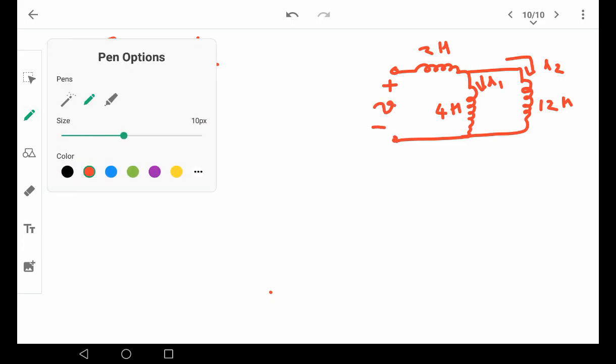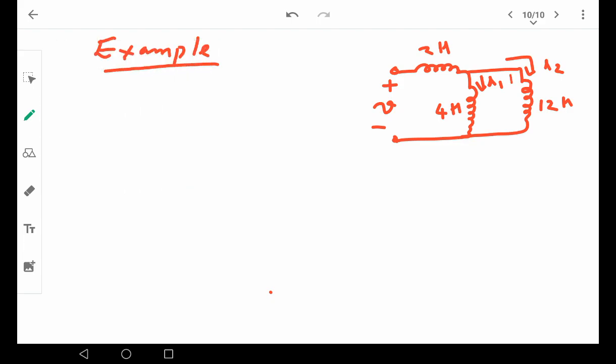Okay, then the voltage in between this point and this point is given by V2, and this voltage is V1. Okay, so find L equivalent. First question is find L equivalent inductance.